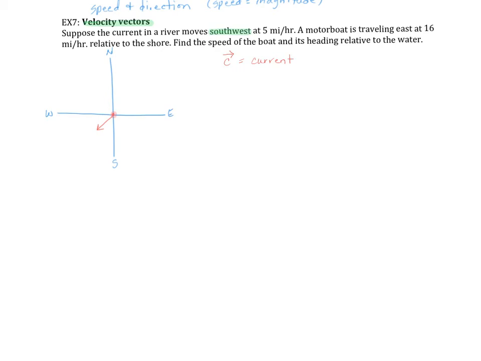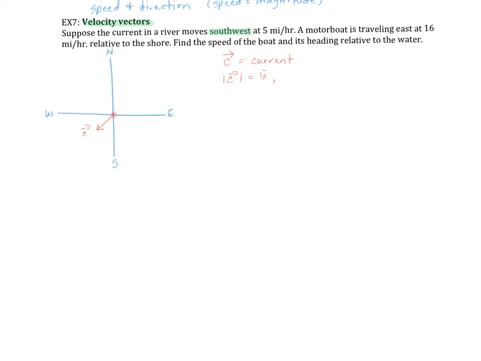So I need to describe this vector. Well, I know that it's going 5 miles per hour, and its speed is its magnitude. So the magnitude of this current vector is 5, and I'm going to leave off the units. I'm going to use the trig components to describe this vector because I do have an angle.